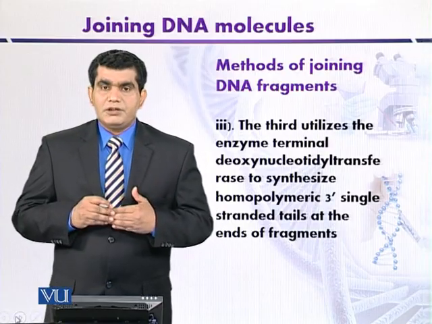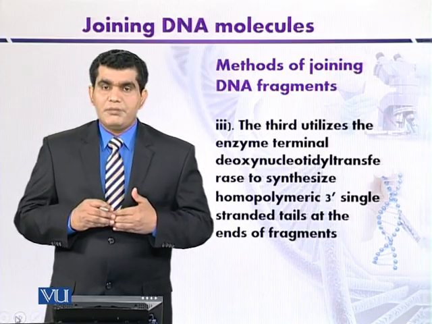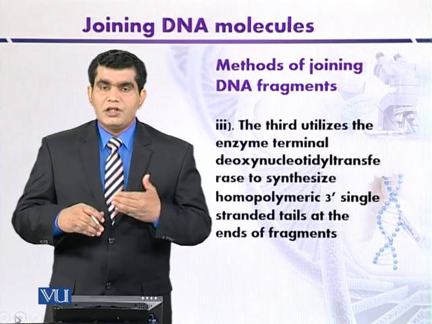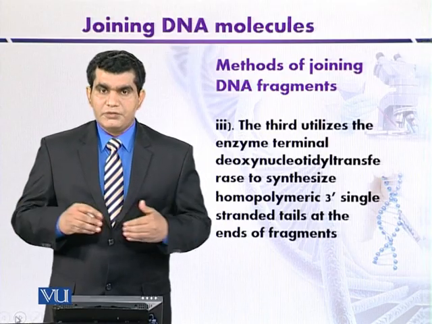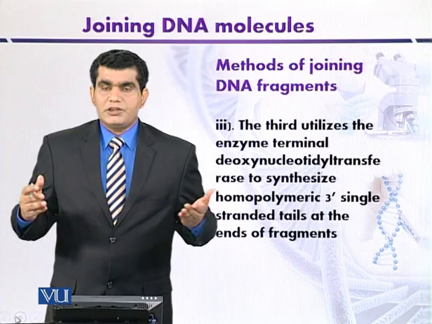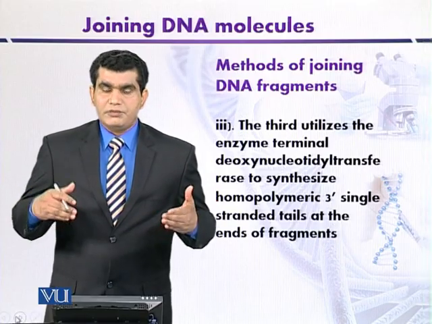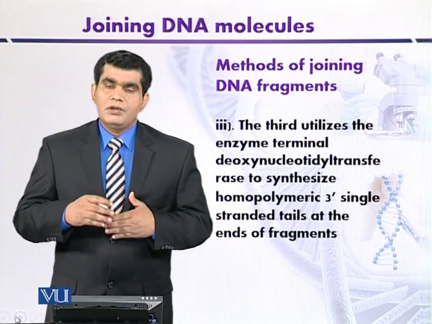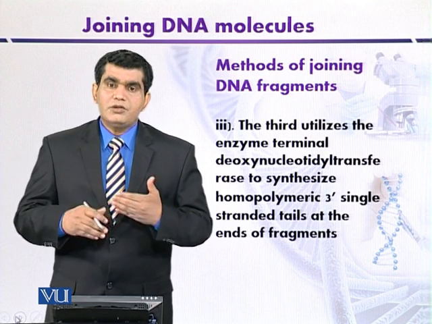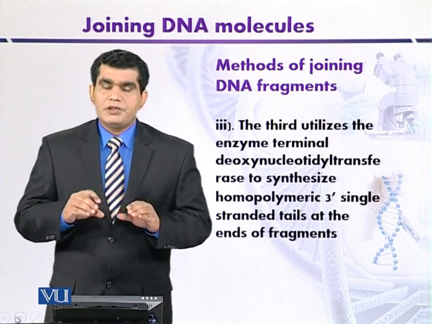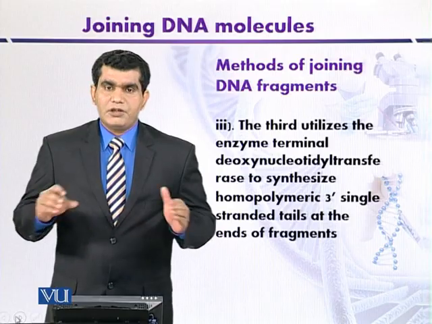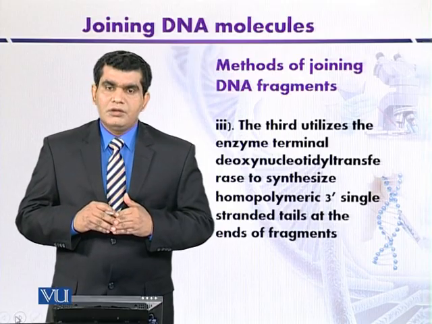The third method depends upon the ability of terminal deoxynucleotidyl transferase, and commonly it is also called terminal transferase. This enzyme introduces homopolymer tails at the 3' ends of the DNA fragment.